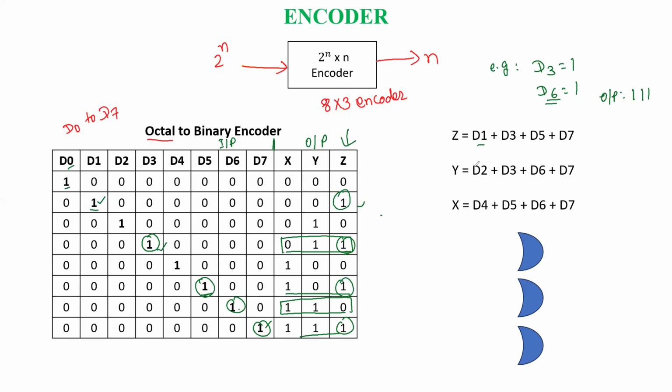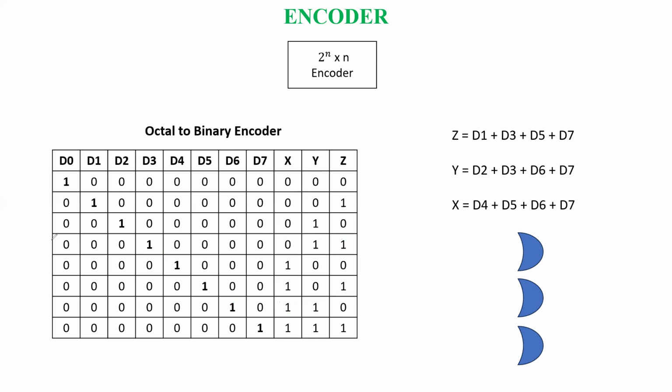So Z can be represented with the help of an OR gate, since it is a sum of terms. Similarly, we can see the other combinations, for Y, how we are going to get these sums of terms.